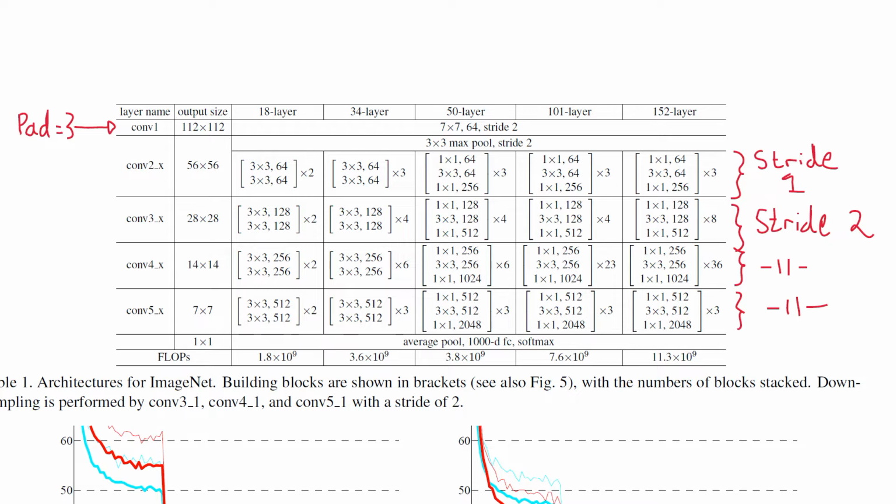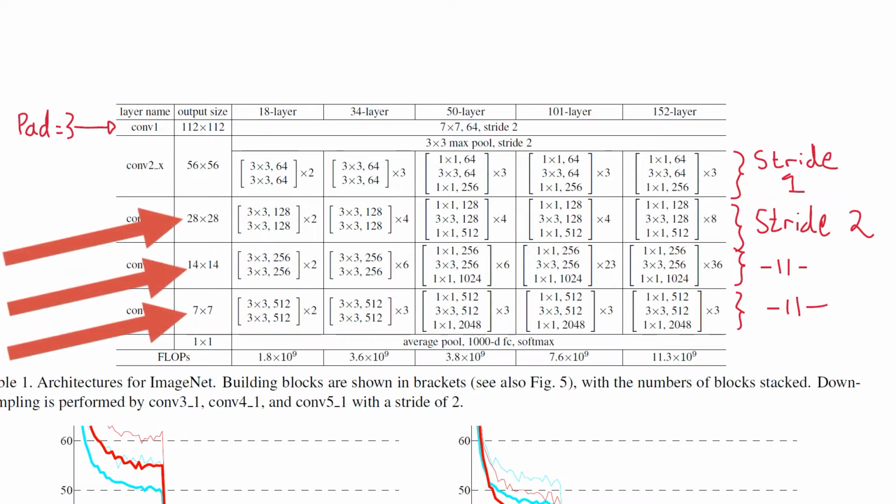But looking at the second ResNet layer, we can see that it's decreased the output size from 56 to 28, so it's half the size of the input. Then we can infer that the stride of one of these 3x3 kernels should be 2. Similarly, we can see that for ResNet layer 3 and ResNet layer 4, it has also decreased the input by half.